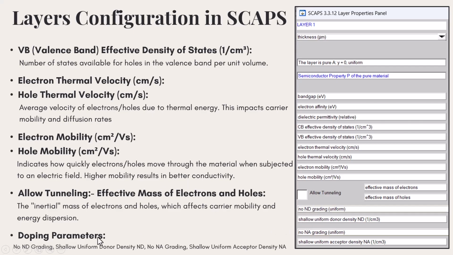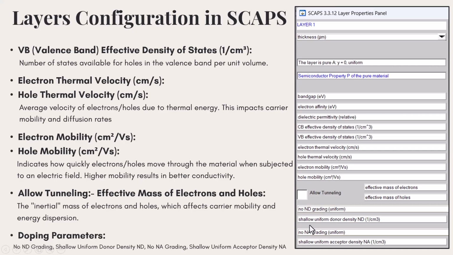The doping parameters include the no ND grading, the shallow uniform donor density, the no NA grading, and the shallow uniform acceptor density. In the future videos we'll be making, we'll look at these parameters in an in-depth manner and better understand what their function is and why they must be input in the SCAPS simulator to be able to simulate any solar cell that you want to simulate.